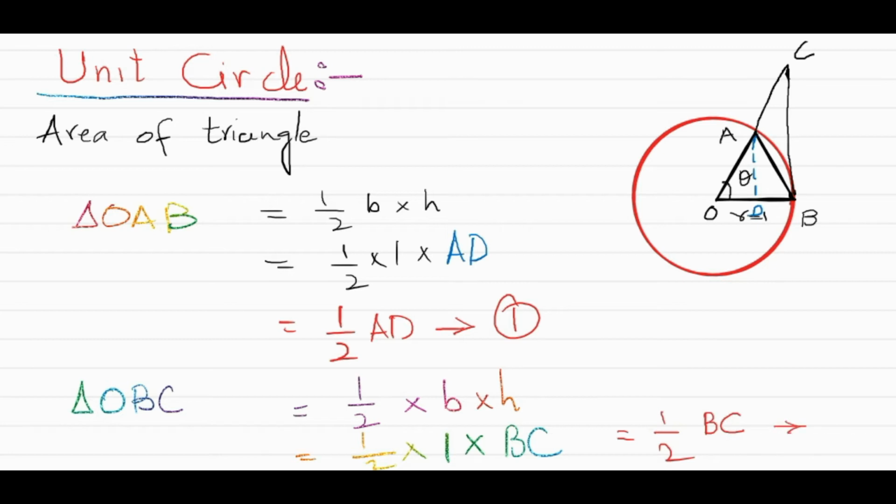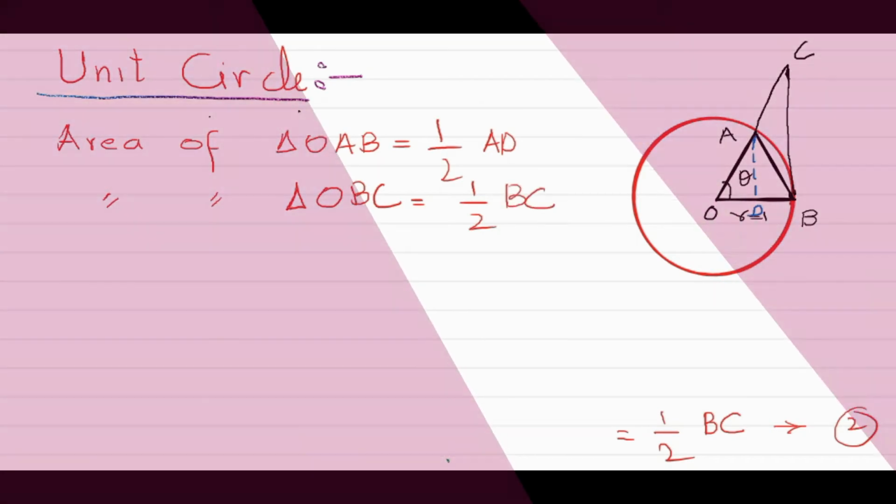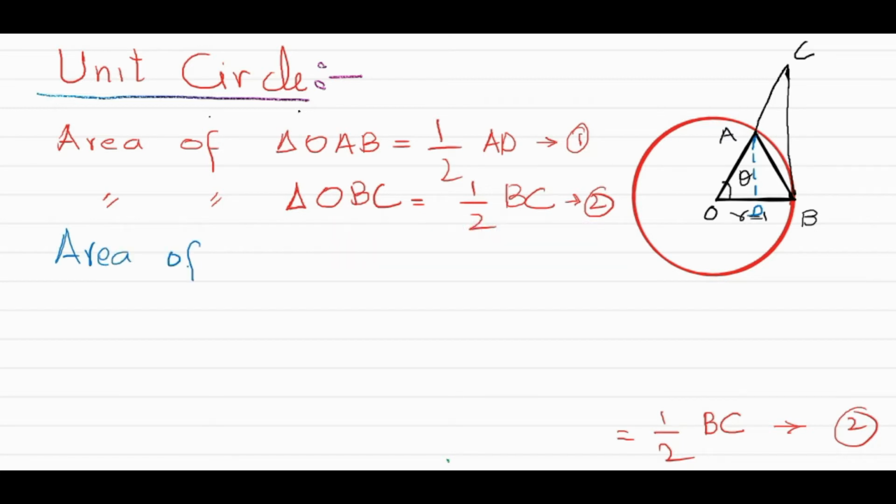But now the height of this triangle is BC. So we get half BC. So far we concluded that the area of triangle OAB is half AD, while the area of triangle OBC is half BC. I label these two as equation 1 and equation 2.